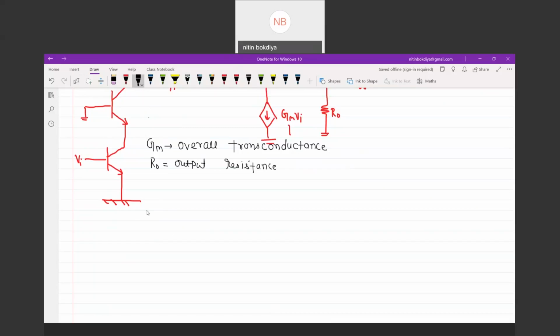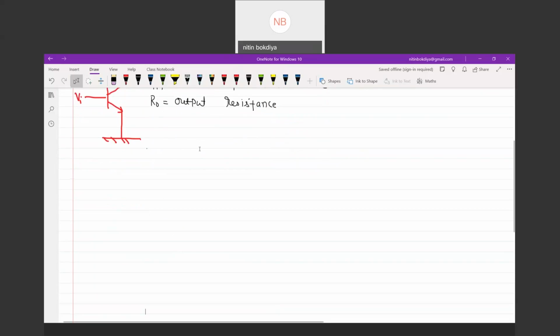It may be a big circuit, so I am drawing the small signal model here.